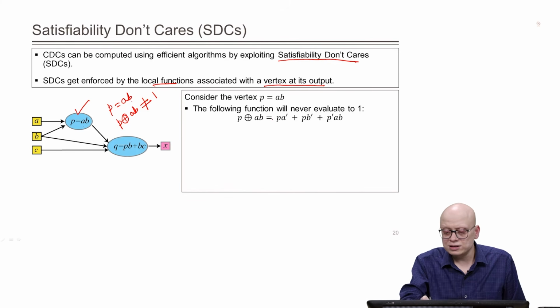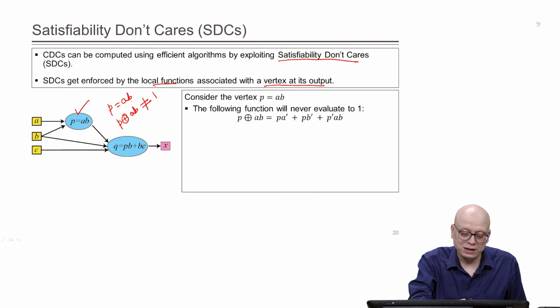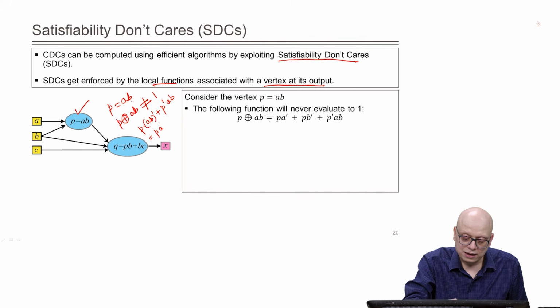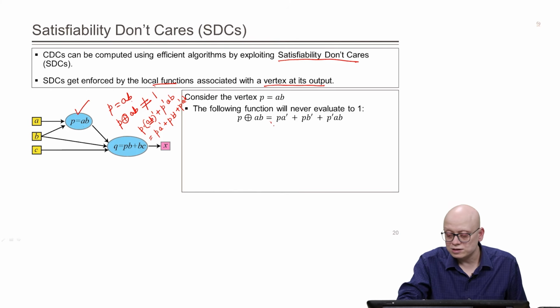If we expand P XOR AB, we can write it as P (AB)' plus P' AB, and this becomes P A' plus P B' plus P' AB. So, that is what it is written.